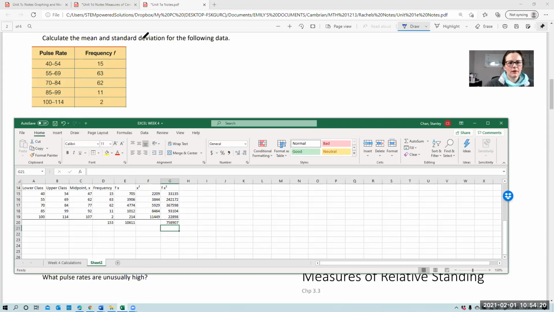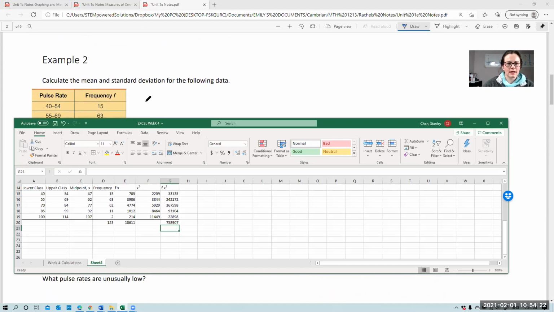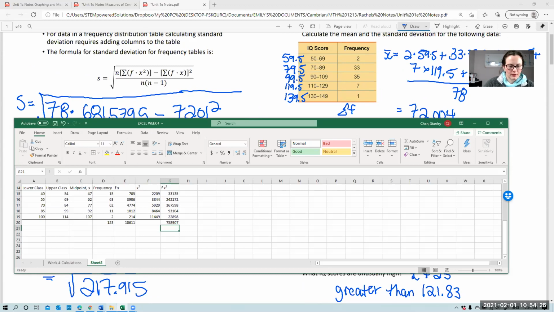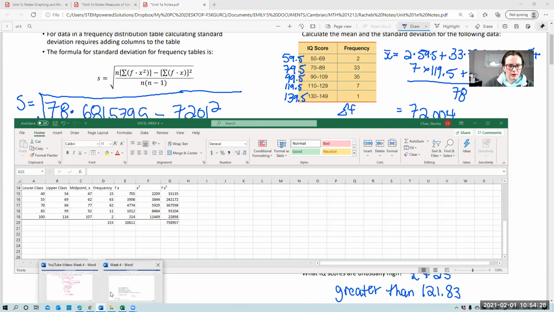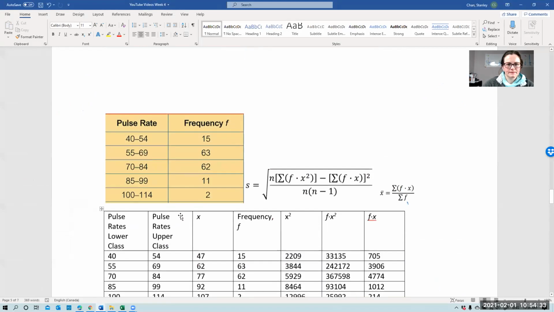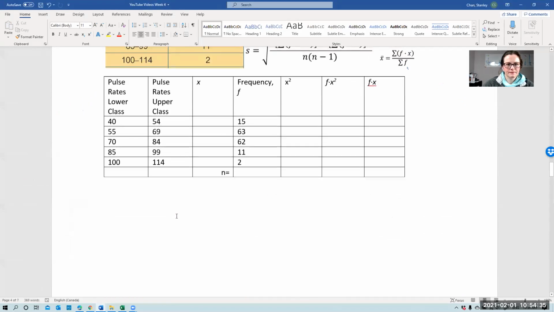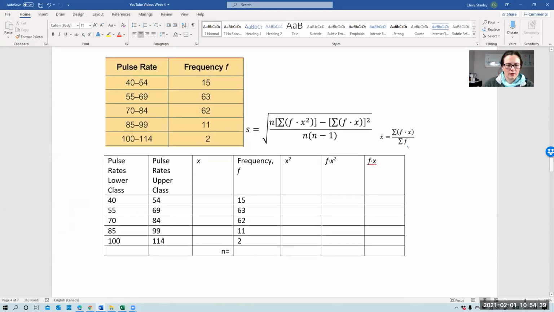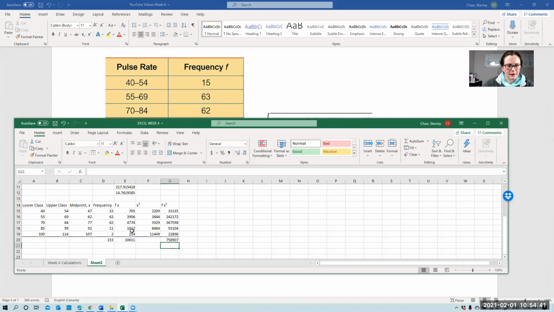Yeah, so now what I need is just that formula. Let me just follow something over here.